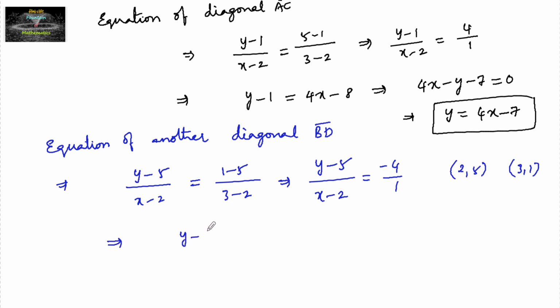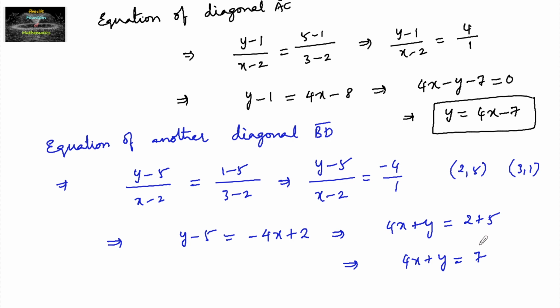Cross multiplying, y minus 5 is equal to minus 4x plus 8, or we can write 4x plus y is equal to 8 plus 5, that is 13. So we can go with 4x plus y is equal to 13.